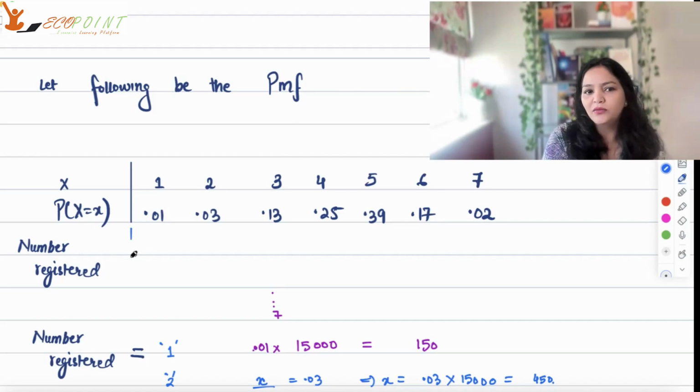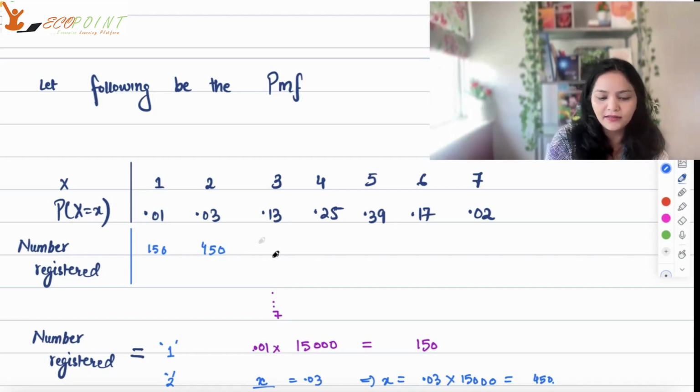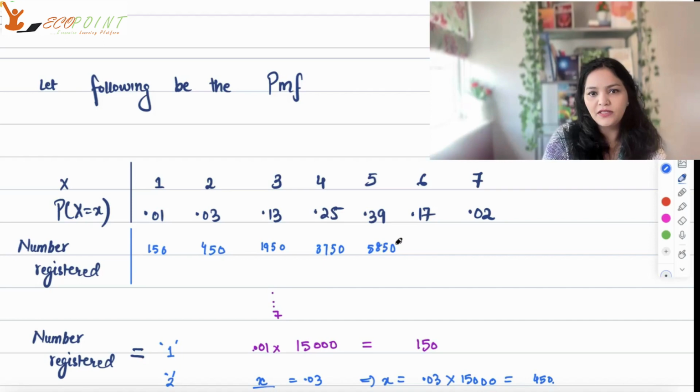So with this, you get to know that the number of students registered with one subject is 150, with two subjects is 450, with three subjects is 1950, with four subjects is 3750, with five subjects is 5850, with six subjects 2550, with seven subjects 300 students.